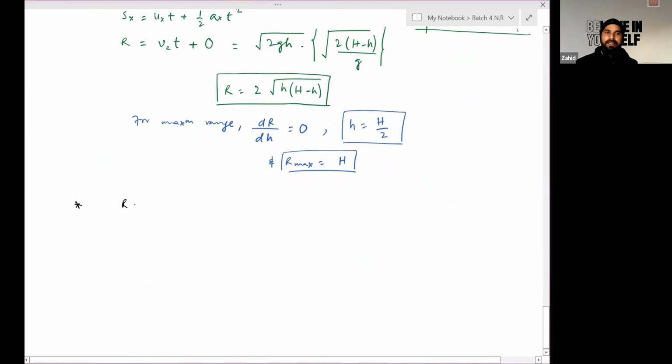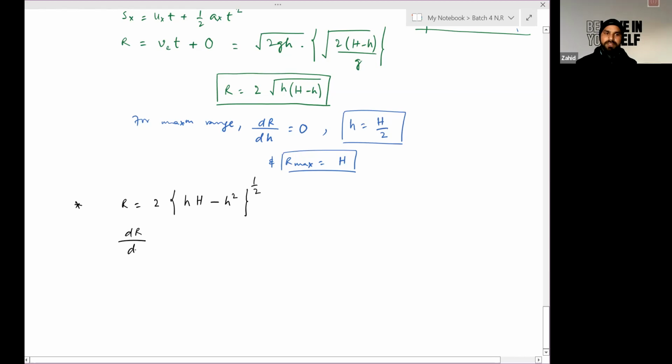We can write R equals 2 times root under h into (H minus h), which is 2 times (Hh minus h square) to the power 1 by 2. Now in this part, we have 2 different functions: one is the exponential and one is the base part. The outermost function is the exponential part, so differentiate the outermost part first.